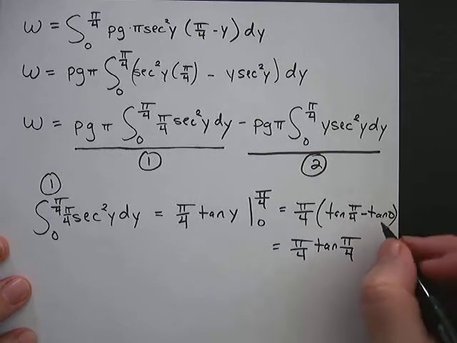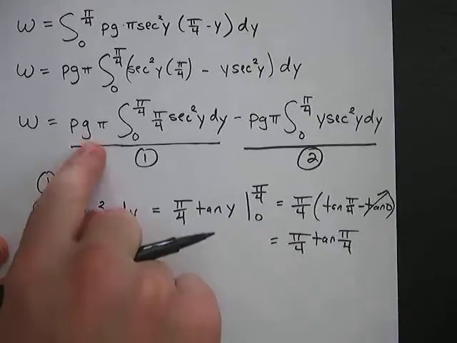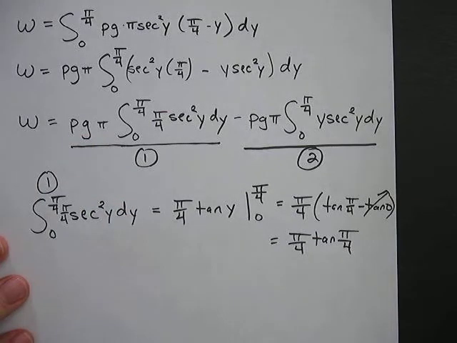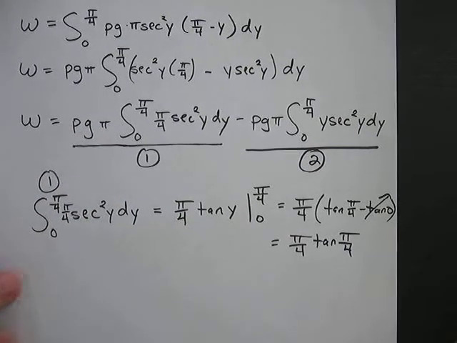That other term cancels. And quickly, let me swing back to the reason that we were able to leave this rho and g and pi alone. Those are all considered constants. They're just numbers, so nothing's going to happen to those numbers. They're just going to stay the same numbers they are, so we can sort of ignore them and then put them back later. And we'll take care of that in a minute.